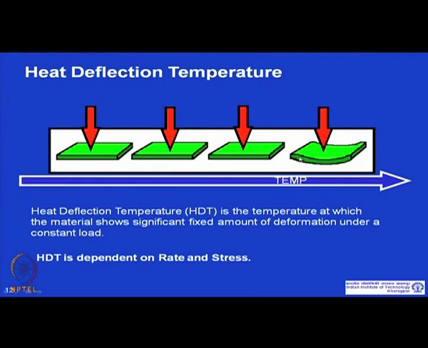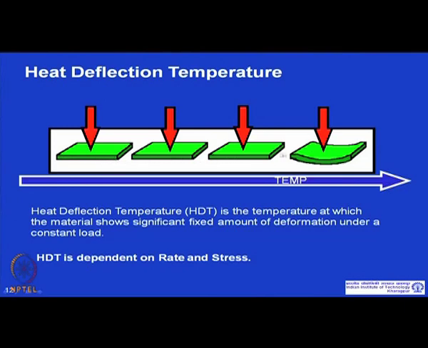So, if you want to compare materials, you can compare the same amount of deformation between the materials. Basically, in the test, one polymer specimen is taken and a definite, constant load is applied, and then the temperature is slowly increased at a given rate.